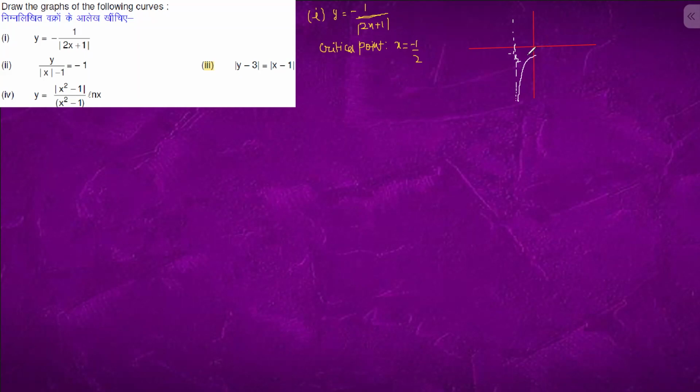So this graph is going somewhere like this. And when x is less than minus 1 by 2, this is minus 1 by 2, okay? This point is minus 1 by 2.